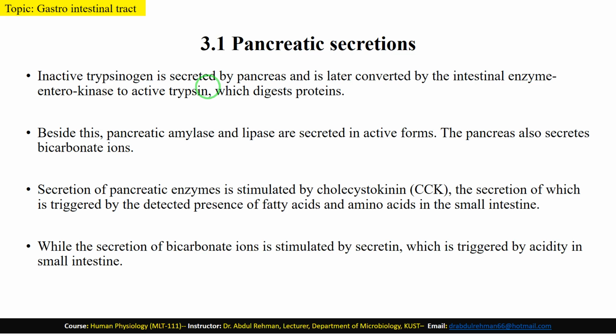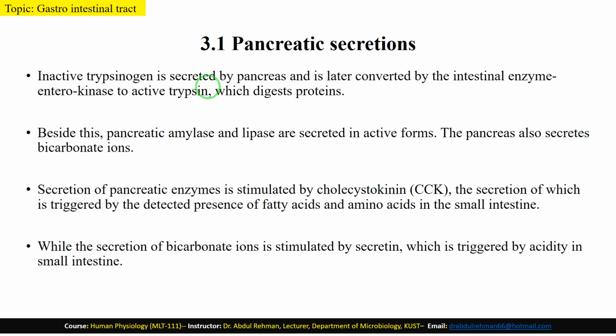Whenever there is a presence of fatty, proteinaceous, or carbohydrate material within the food in the GIT, the pancreatic juices are released according to the nature of the food. The secretion of bicarbonate is stimulated by secretin, which is triggered by acidity in the small intestine.